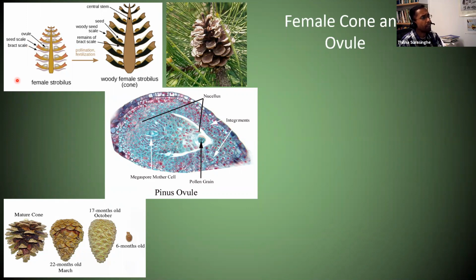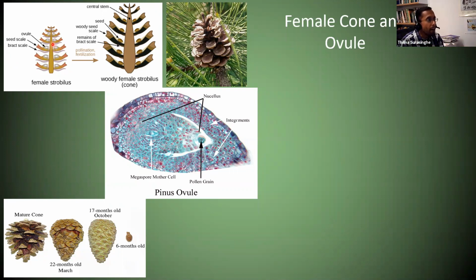The job of those brackets is to house the ovule. And you can see clearly over here that the ovule is naked, it's open, it's not housed inside a flower. That's why we don't consider these cones as true flowers. They are naked, they are open.